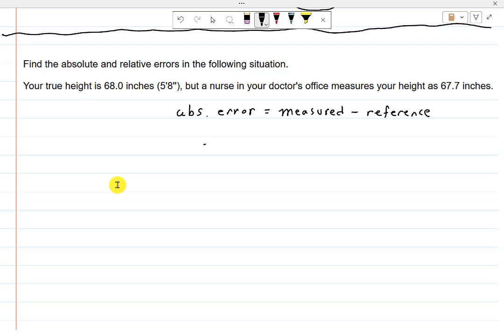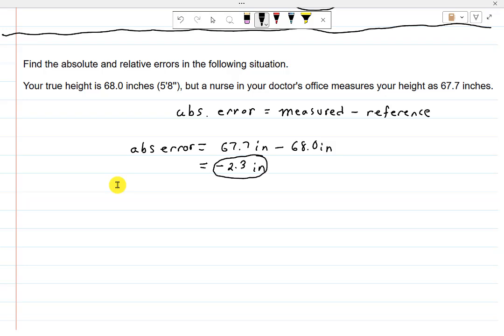So for this problem then, our absolute error will take the measured version, 67.7 inches, and we will subtract the true height, which is 68.0 inches, and we end up with negative 2.3 inches.